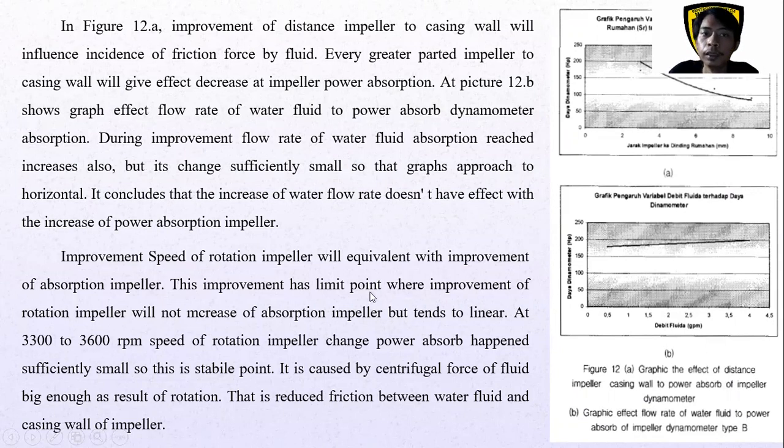increasing the distance from the impeller to the casing wall will influence the friction force from the fluid. The greater the distance from the impeller to the casing wall, the greater the effect. Next, figure 12b shows the graph of the effect of water flow rate on the power absorbed by the dynamometer. As the flow rate of water increases, absorption also increases, but the change is sufficiently small that the graph approaches horizontal.